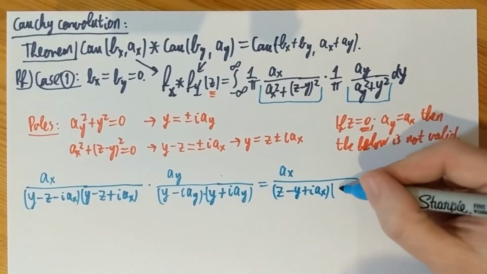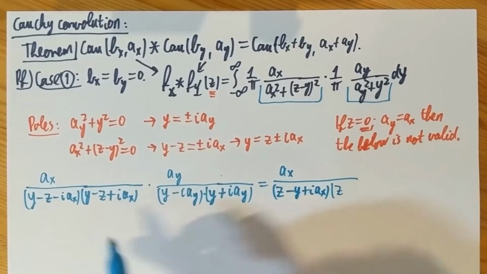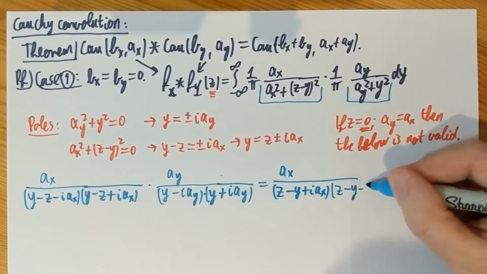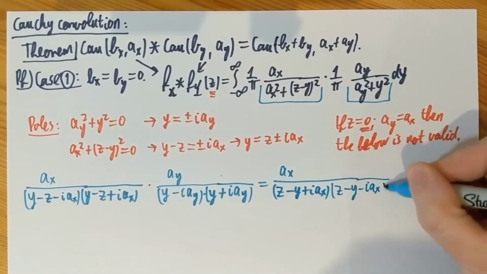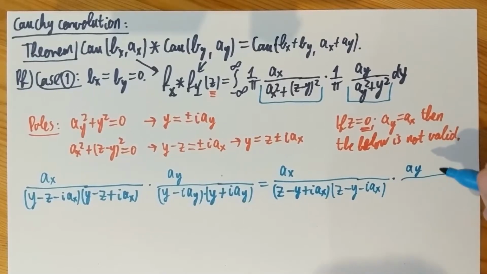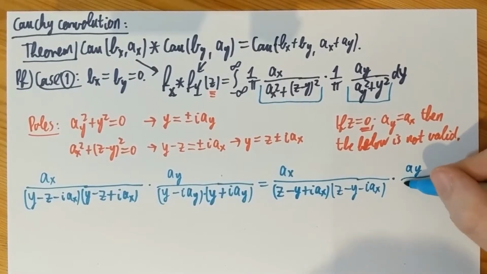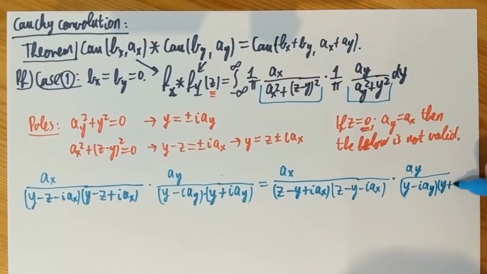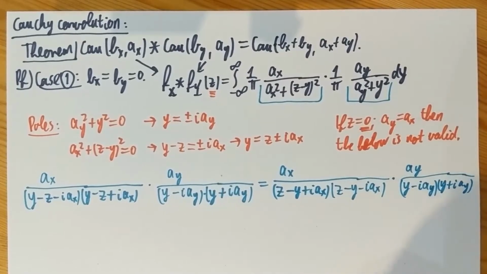And I factor out another minus sign there, z minus y minus IAX for the first term, and for the second term, I just keep it as it was, y minus IA and y plus IA. Okay, and of course I is the complex unit. I didn't say that, but I think that's obvious.